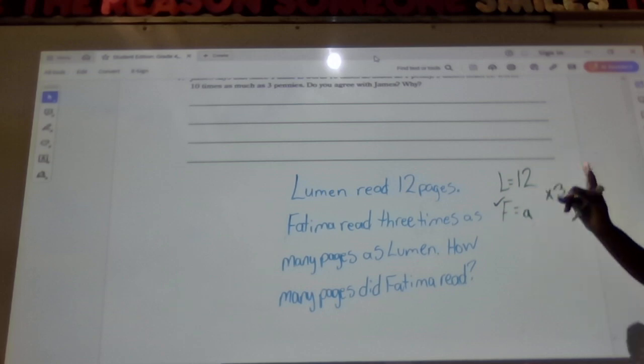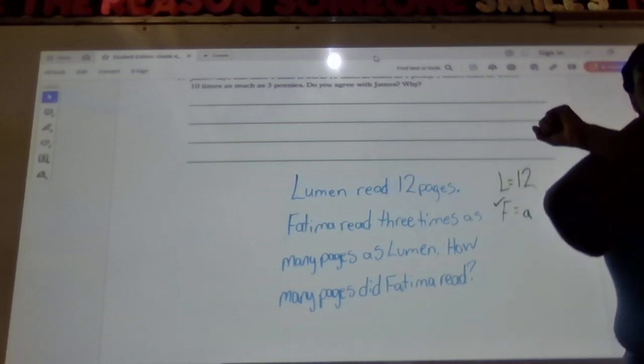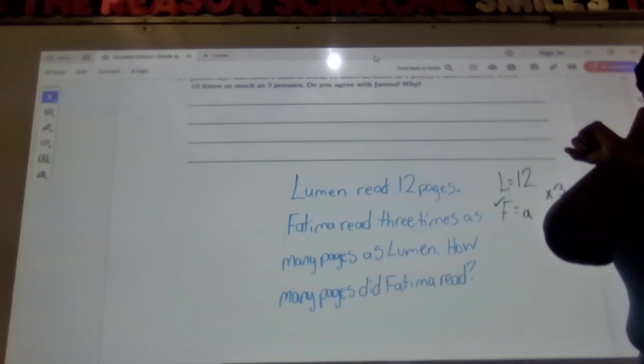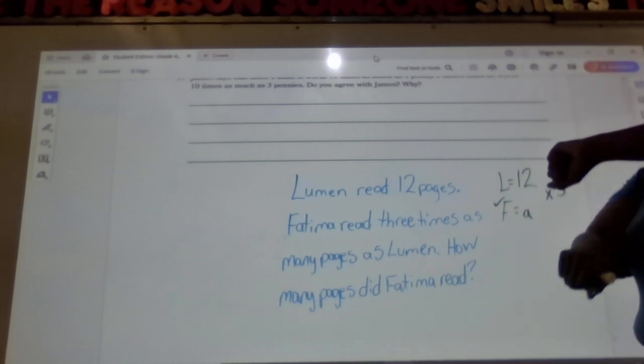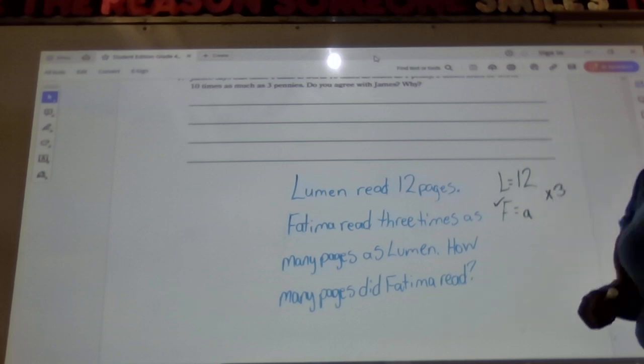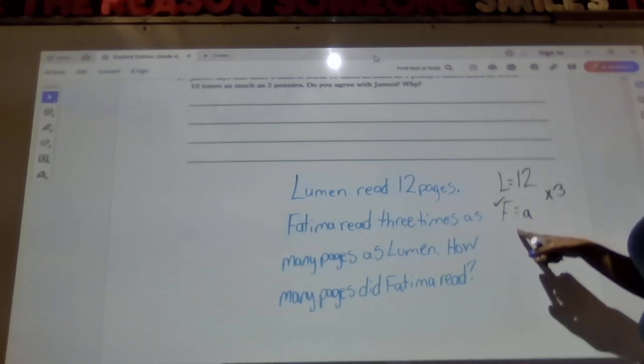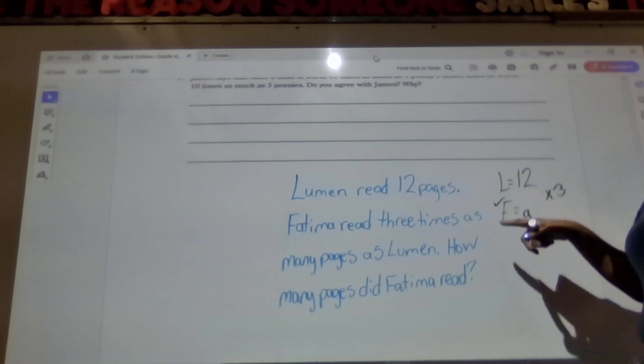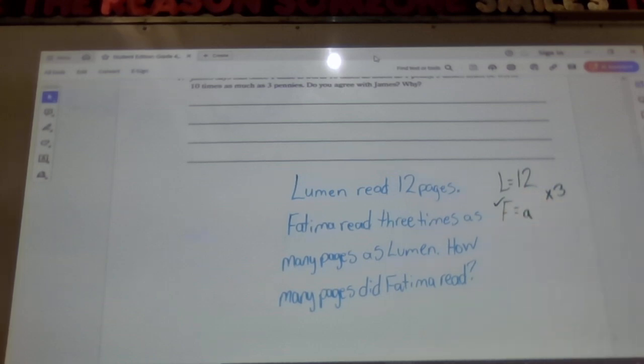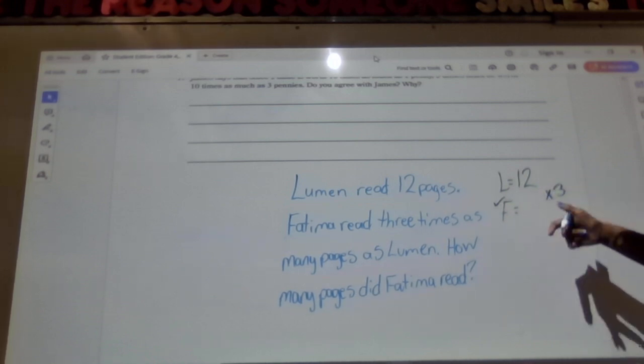So then you ask yourself the question, am I going to multiply or am I going to divide? Keep in mind, Fatima's number of pages has to be more than Lumen's based on what the sentence says, because we have Fatima checked to have more pages read. So if we multiply, we're going to have 36.